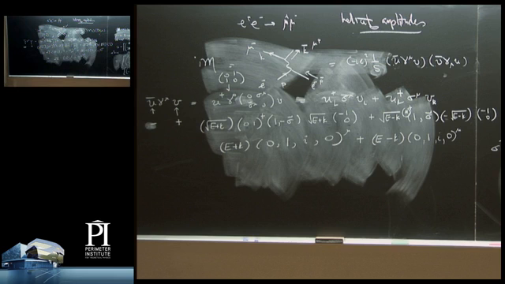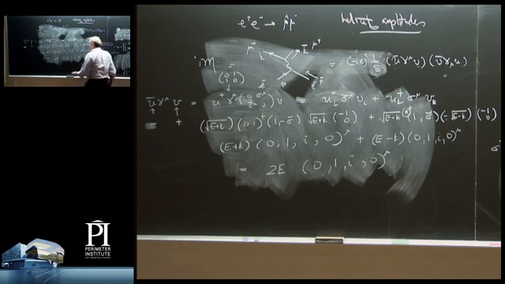Well, now you can immediately see that that's exactly the right answer. Because what is this vector here? That vector is the angular momentum vector for spin 1.